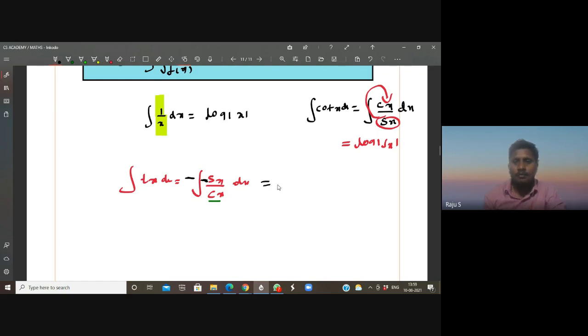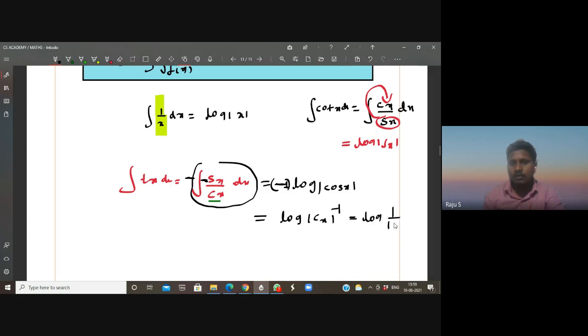Now it satisfies the property. It is in the form of f dash of x by f of x, cos x derivative minus sin x. It can be written as log mod cos x in the denominator. But minus is there, minus I want to take, minus means minus 1 I am writing. So this I want to take as log mod cos x whole power minus 1, log 1 by mod cos x. What about log 1 by cos x? Shall I write secant x? Yes?